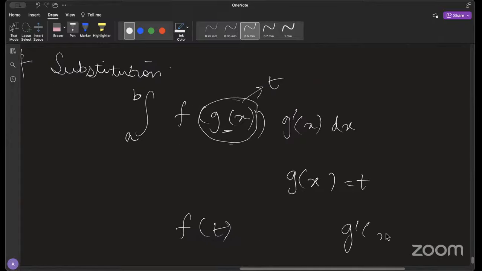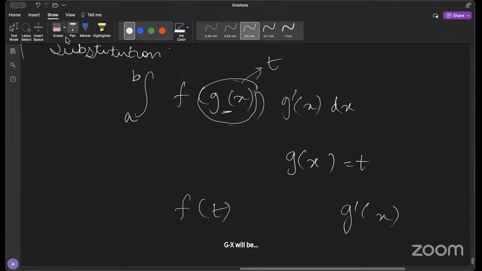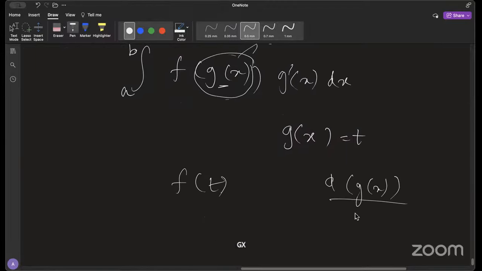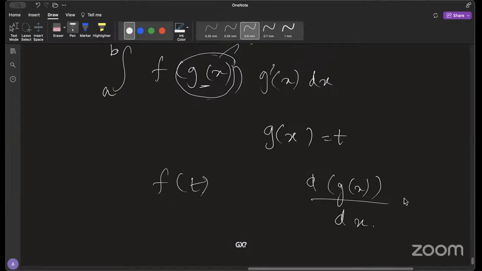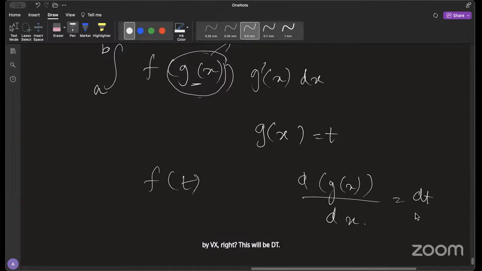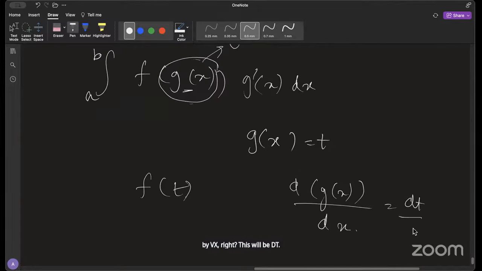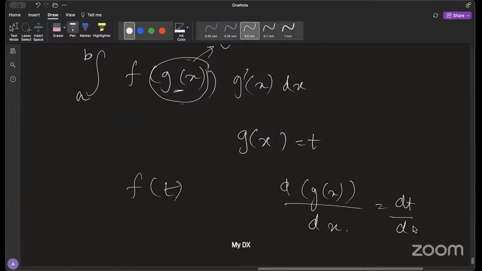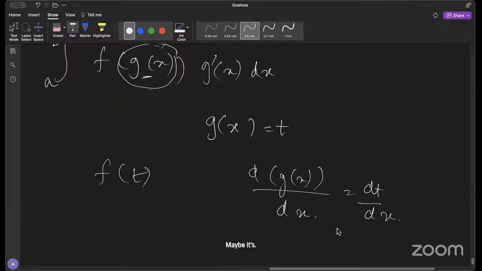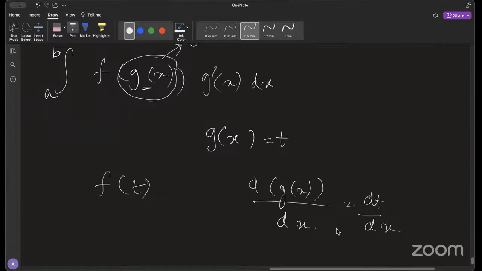g'(x) will be, what we do here is d g(x) by dx, right? This will be dt by dx. This is g'(x).